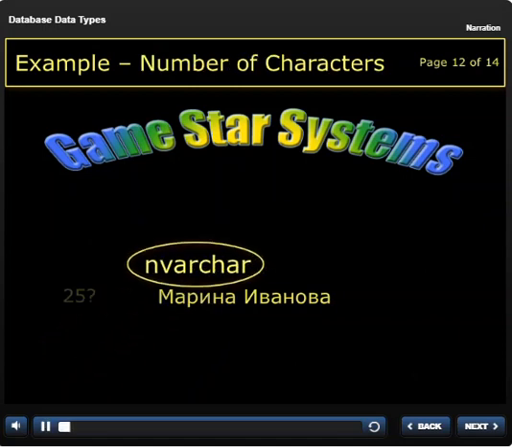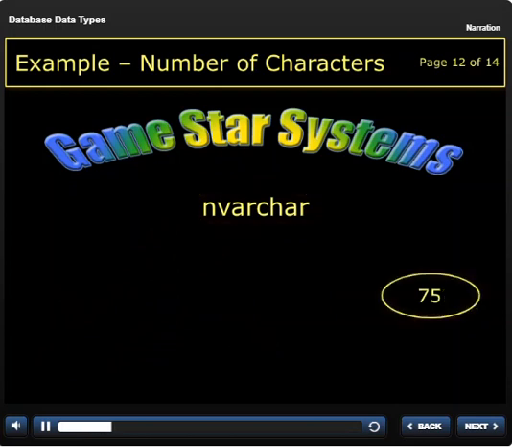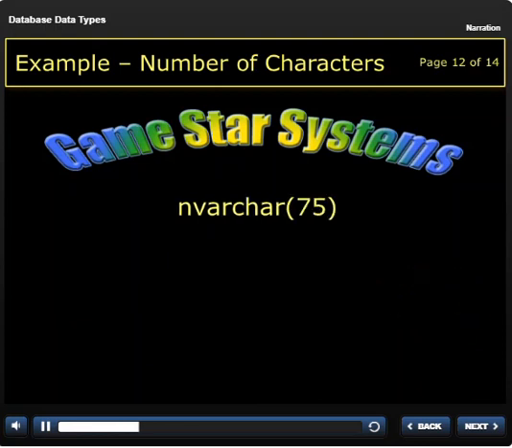We need to determine how many characters to allow in any particular field. Leaving room for a 75-character name means assigning the data type Varchar with a precision of 75. Using this data type means we can fit 75 characters in this field, but we may not use all of them.